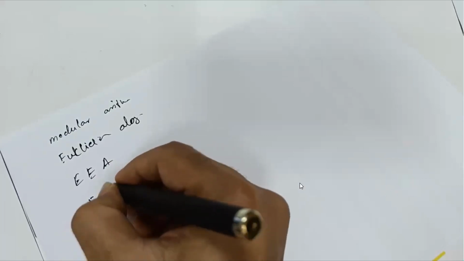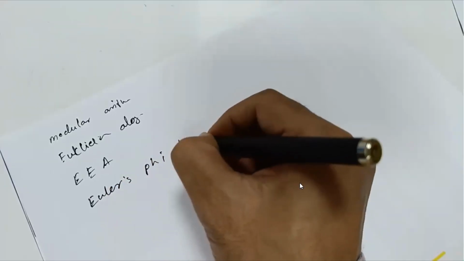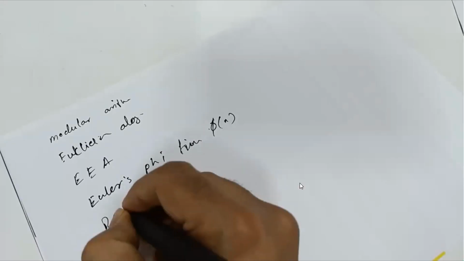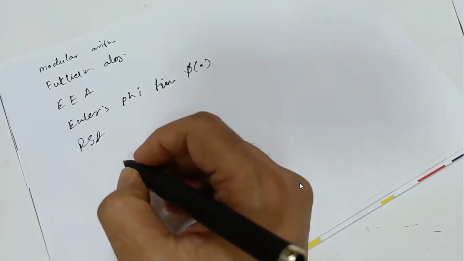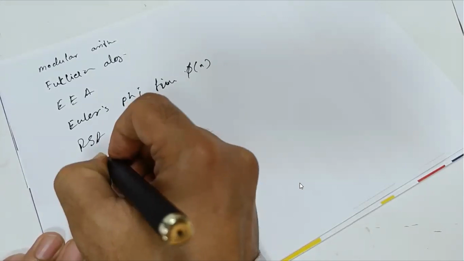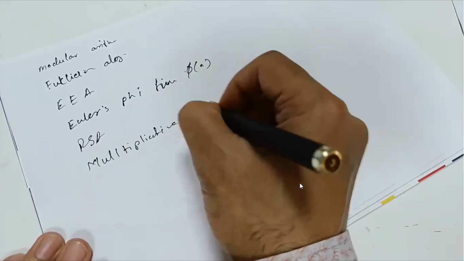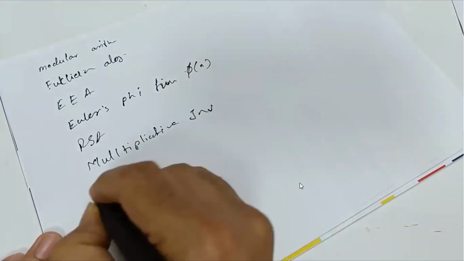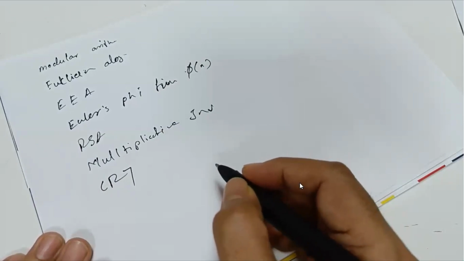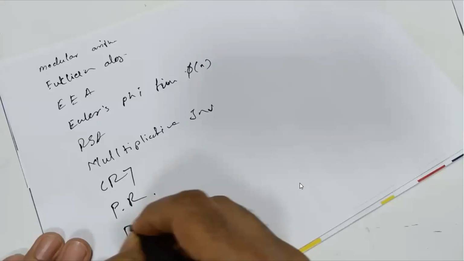Euler's phi function. Then we have seen RSA. Then we have seen multiplicative inverse. Then we have seen Chinese remainder theorem. Then we have seen this one, primitive roots and discrete log.